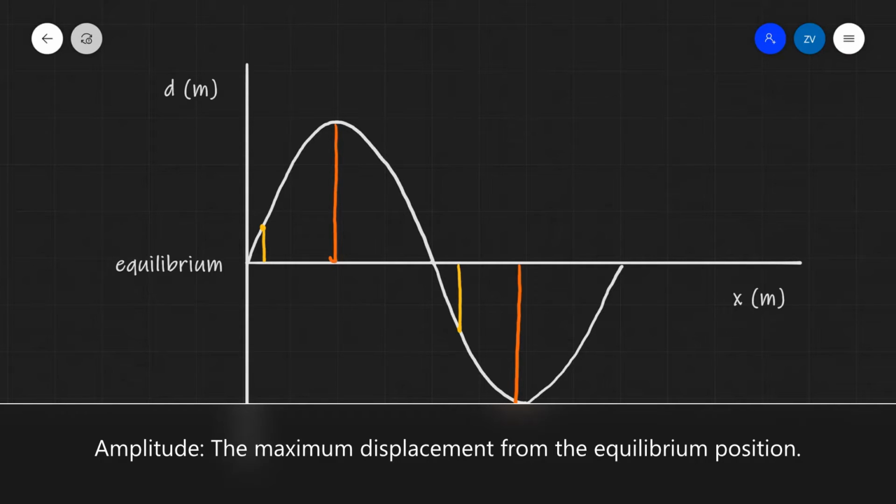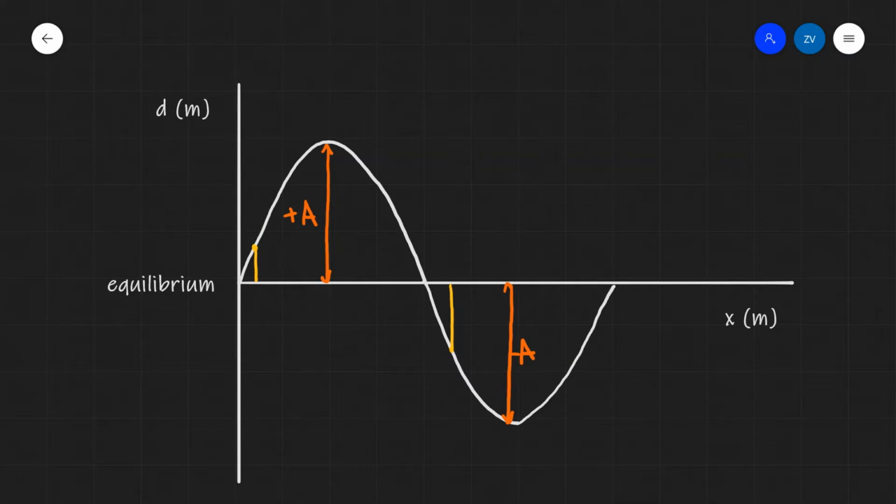In this case, this is represented by this line, and this is the amplitude of the wave. Notice that the amplitude can be both positive in this region, but it can also be negative in this region over here. Let's have a look at what the wavelength is next.